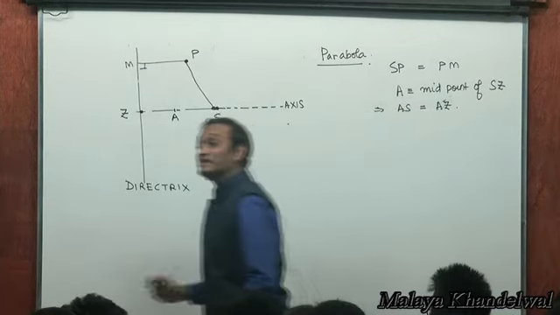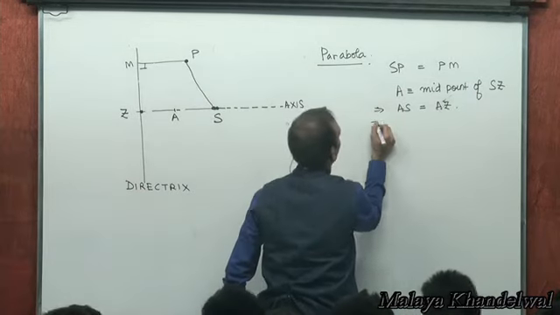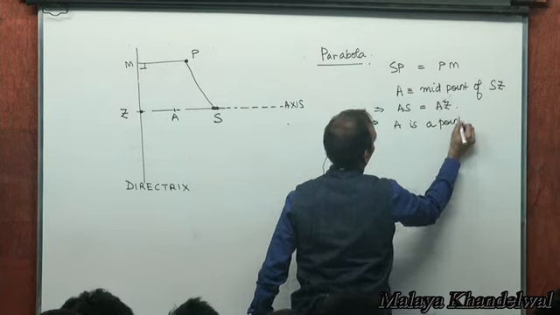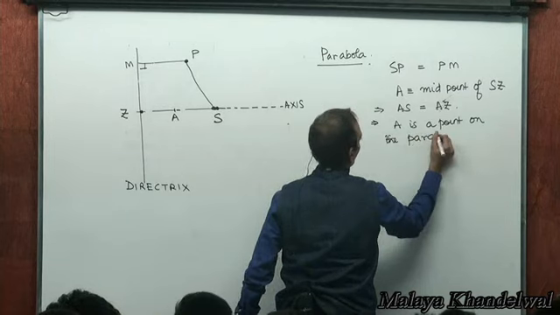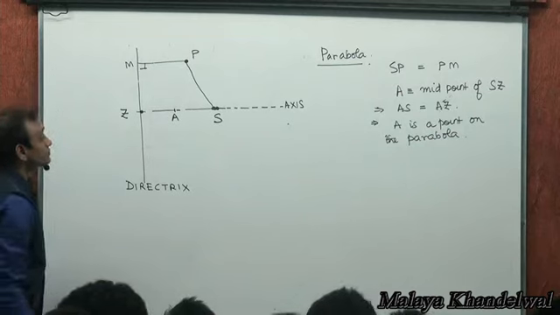Therefore, A must lie on the parabola. A is a point on the parabola.